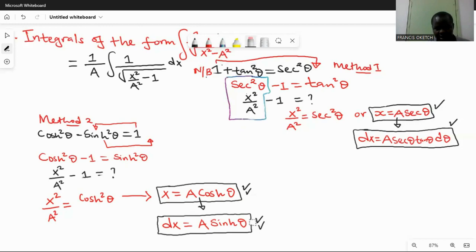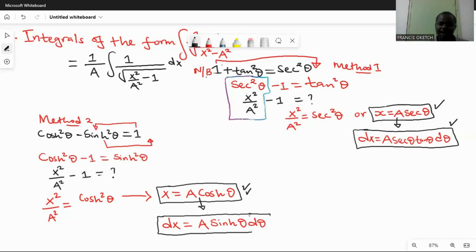I'll add d theta because it should be a times sine hyperbolic of theta times d theta. So I rub this that I had written so that I insert d theta. Somebody might ask, why am I adding d theta? Because we are differentiating. dx over d theta is equal to a sine hyperbolic theta. And then you make dx the subject to get that. So that is the other substitution.